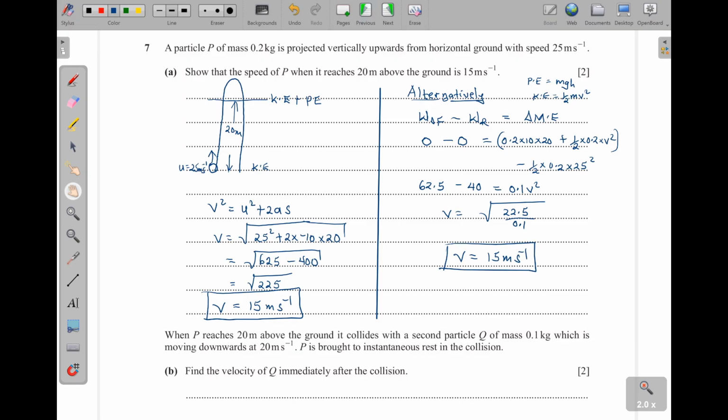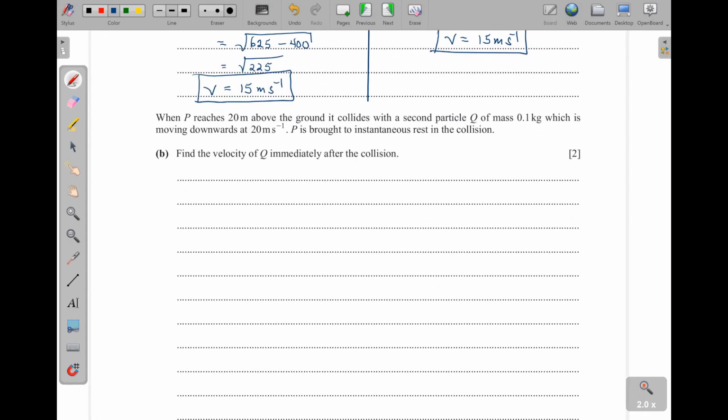You see? Then they're saying when P reaches 20 meters above the ground, it collides with a second particle Q, of mass 0.1 kilograms, which is moving downwards at 20 meters per second. P is brought to instantaneous rest in the collision.